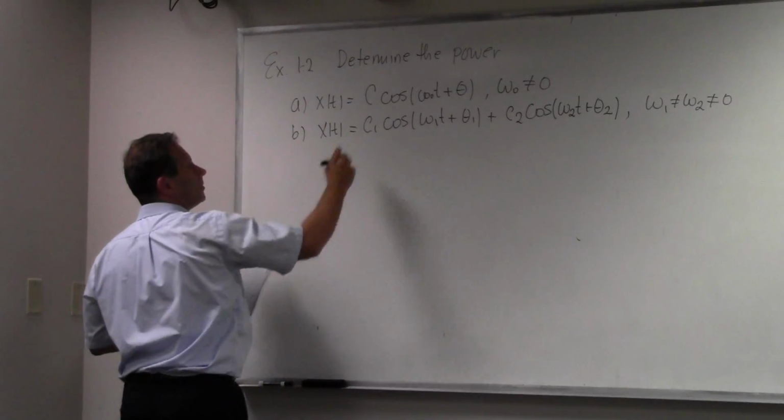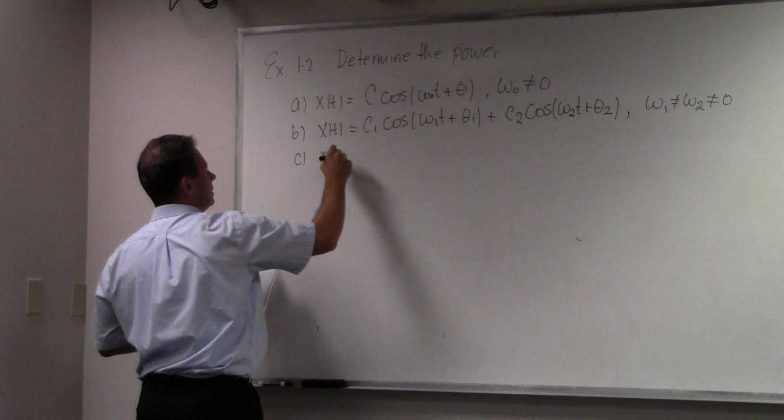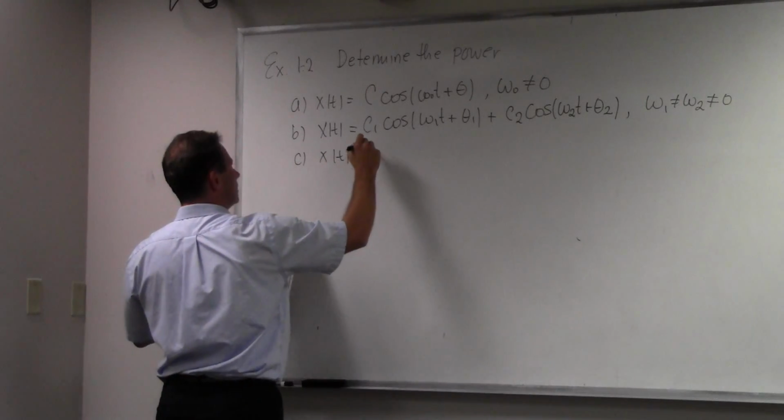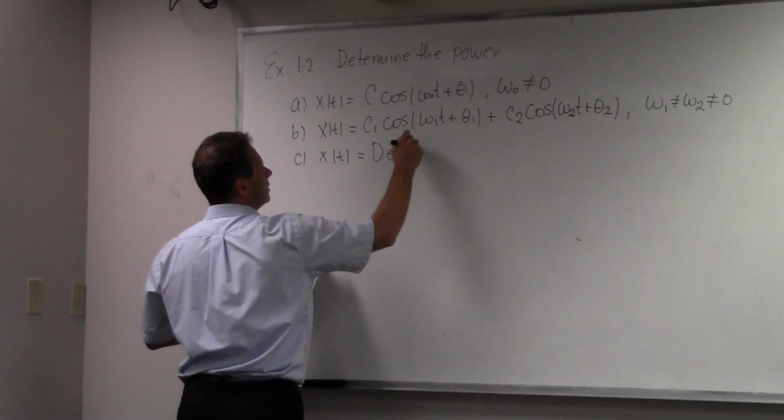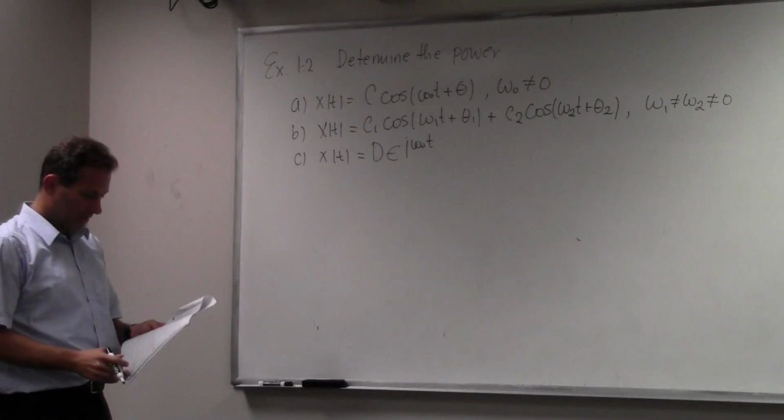Both of these, as you can see, are real signals. And in part 3, the signal is d e to the j omega 0 t, which is a complex signal.